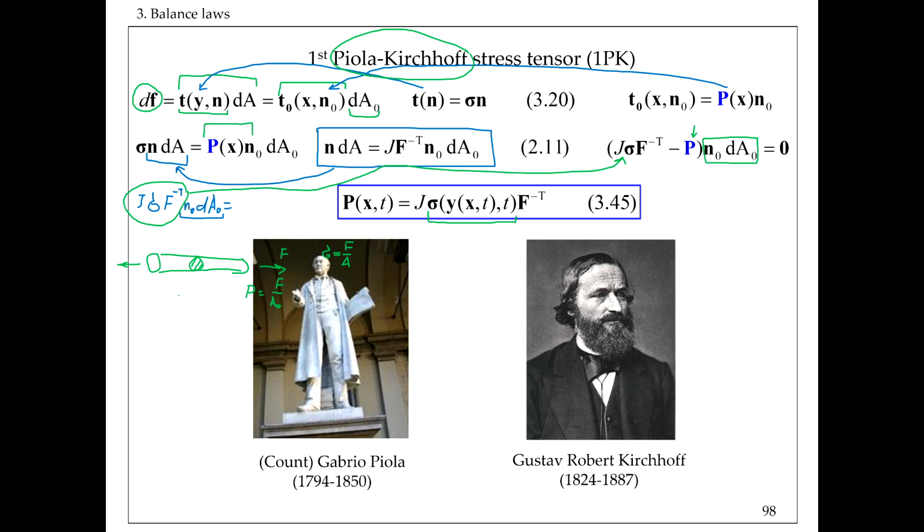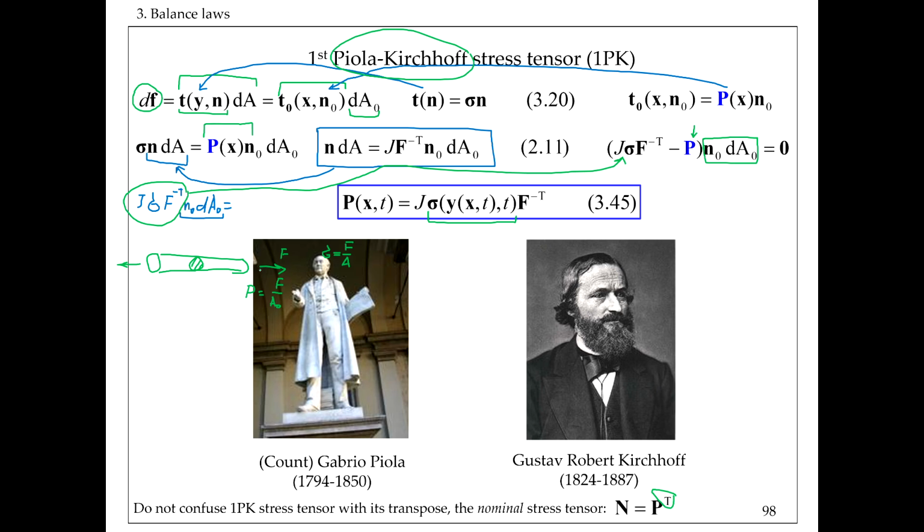This measure of the stresses is also called nominal stress, and it should not be confused with the Piola stress. It's important that they are similar but not exactly the same. There is this transpose sign that makes them different.